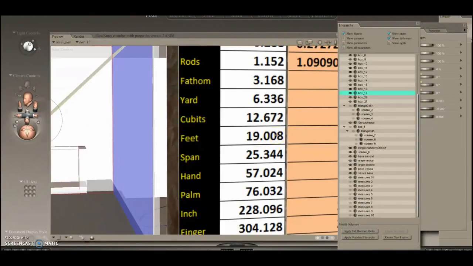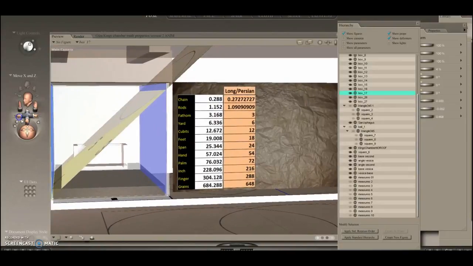Depending on the measures that you use, you're going to get somewhere between 19.007 and 19.009. Now, .001 feet is 1/3 of a millimeter. So you're talking hair width, well within the margins of error. But that 19.008 feet in the long scale converts to these numbers.